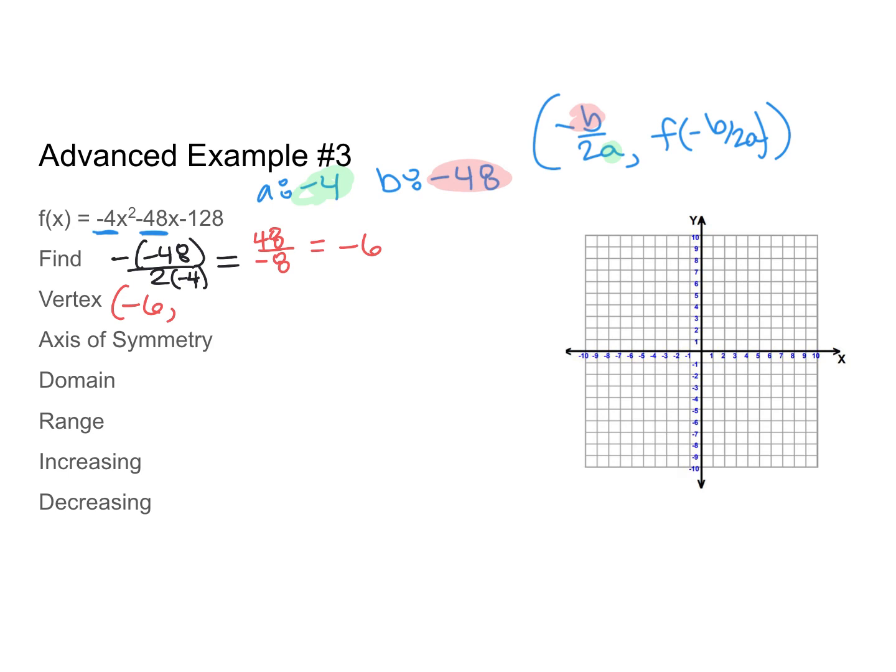So I'm going to take -6 and plug -6 into my original function where my x's are at. I'll do this in blue. So I'm going to have -4 times -6 squared minus 48 times -6 minus 128.